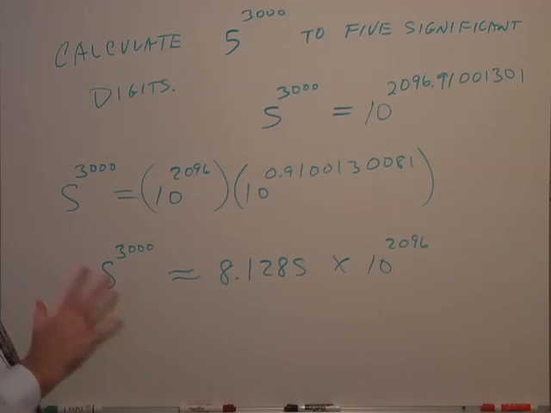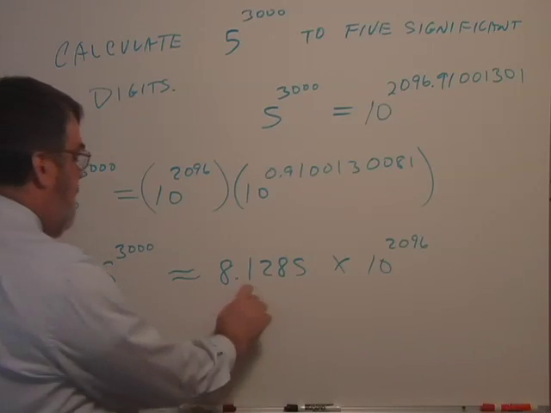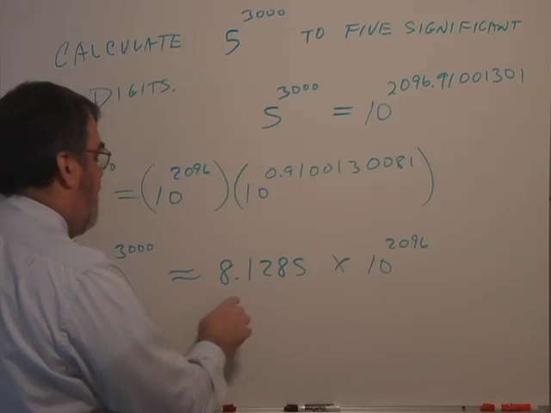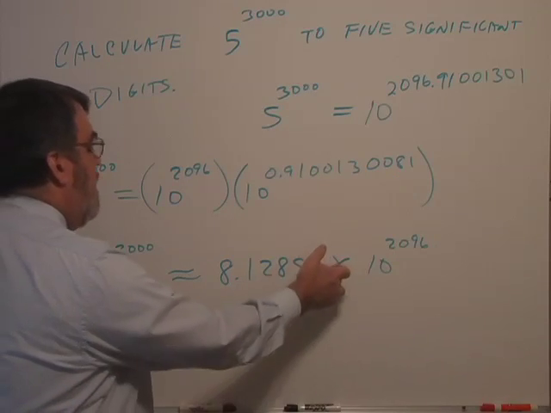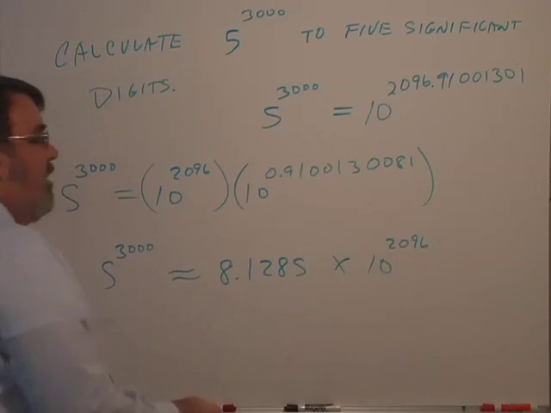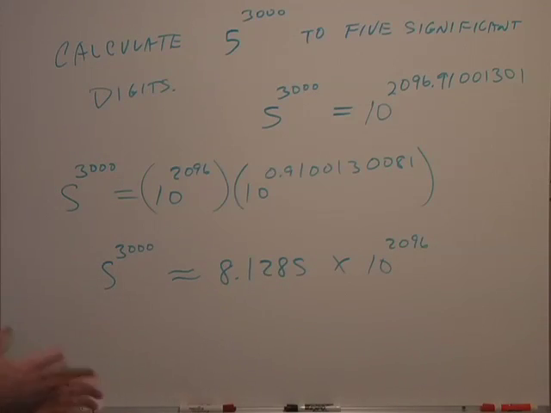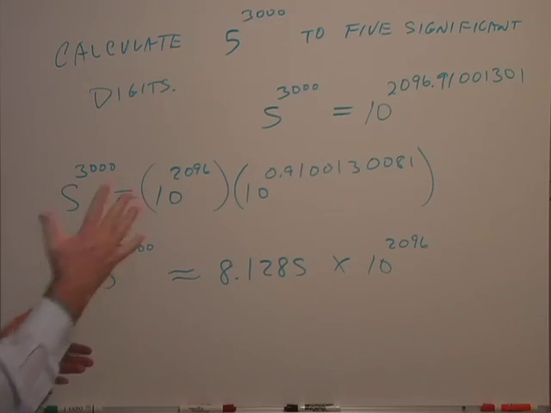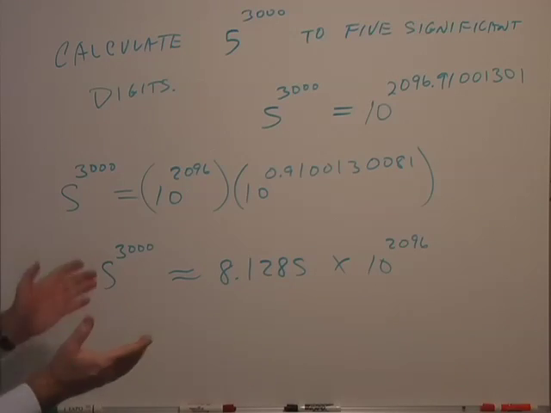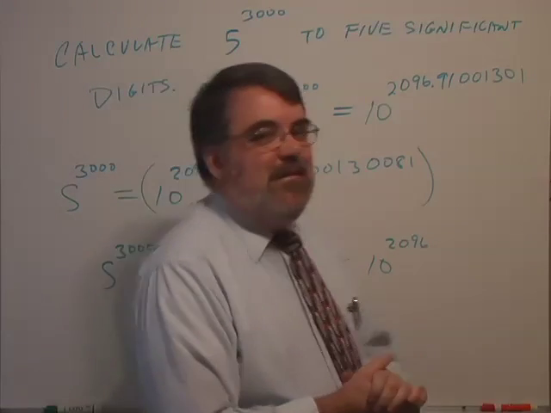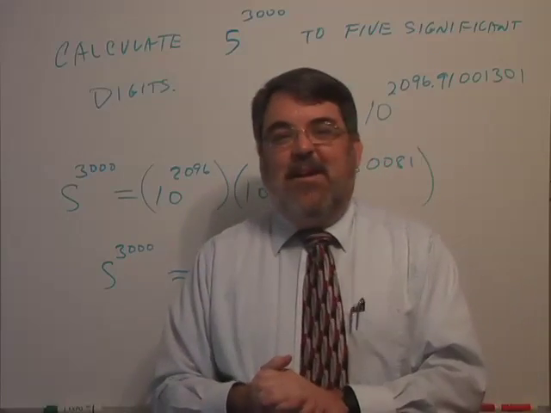So 5 significant digits ended up being those 5 places. So actually it's 4 decimal places with a whole number in front, times 10 to the 2,096. So it's written in scientific notation. So there you go. That is the best estimate to 5 places of this extremely large number. And you pretty much can only do that with logarithms. So anyway, there you go.